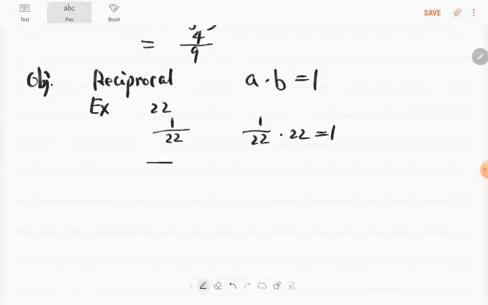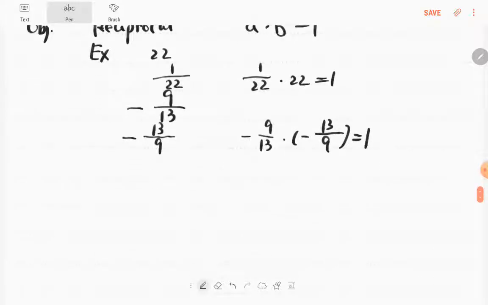Reciprocal, if we have this negative 9 over 13. So we can know the reciprocal will be still a negative number. Negative 13 over 9. Because we know negative 9 over 13 times negative 13 over 9 equals 1.